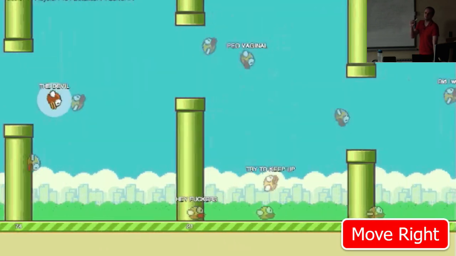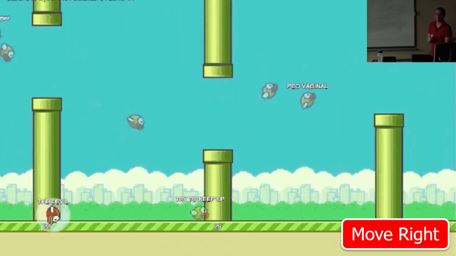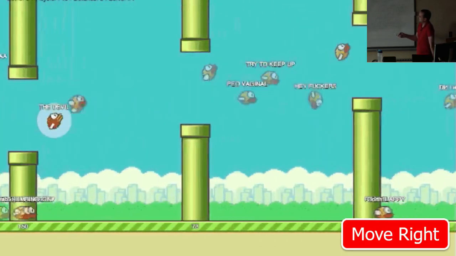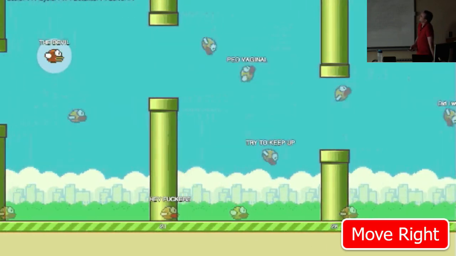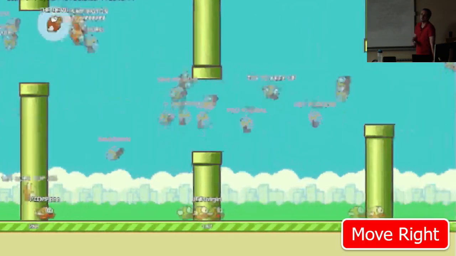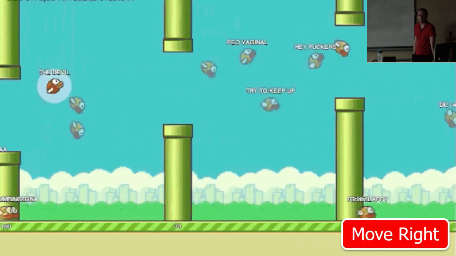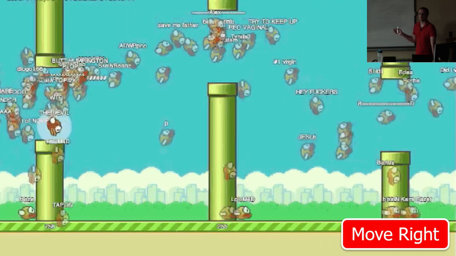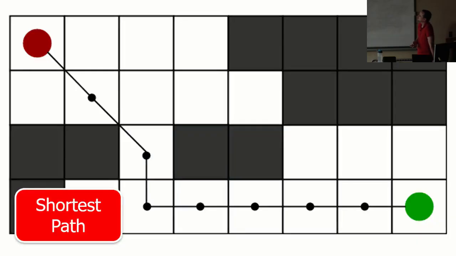And the physics of the game are such that this is a little bit difficult, right? You fall pretty fast, you go up pretty fast. And so the performance measure here is just go as far to the right as you can, right? And a surprising amount of video games are just go to the right as far as you can.